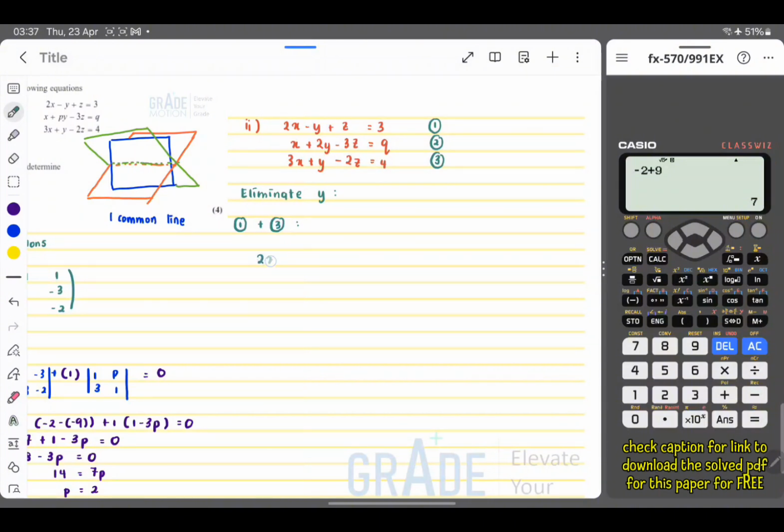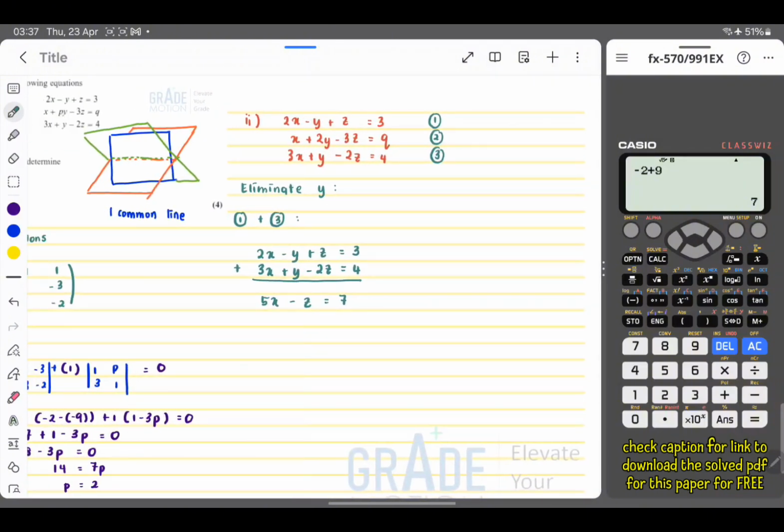So I will have 2x minus y plus z is equal to 3. Here I'll get 3x plus y minus 2z is equal to 4. If I add these two together, I will get 5x. Y will be eliminated. Minus z equal to 7.